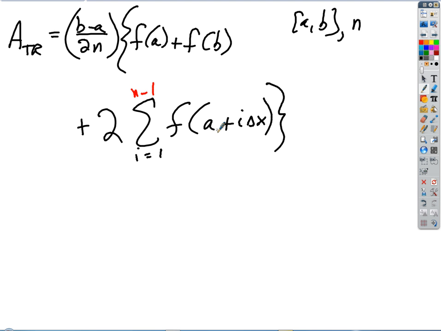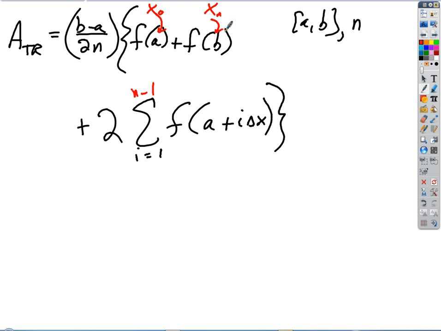If i is 1, that's just x sub 1, x sub 2, x sub 3, and so on, up to x sub n minus 1. Keeping in mind that A is just x sub 0, and B is where we end up after taking our nth step. That's where we end up.